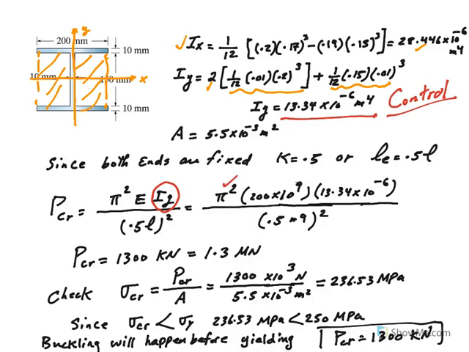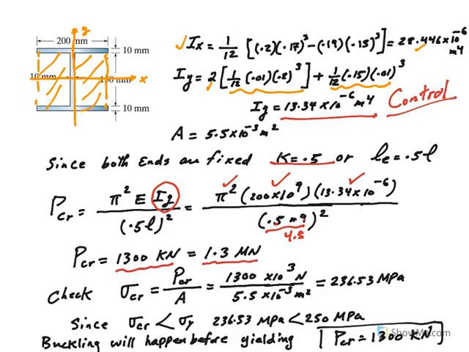So go ahead, plug in pi squared, E modulus of elasticity, I sub y. Remember, K is 0.5, as I mentioned on the last page. Be careful, guys. 0.5 times 9 is 4.5, and then you square it. This comes out to be a very large number, which is okay, 1300 kilonewtons. Remember, this is a large beam with a large length. 1300 kilonewtons or 1.3 meganewtons.